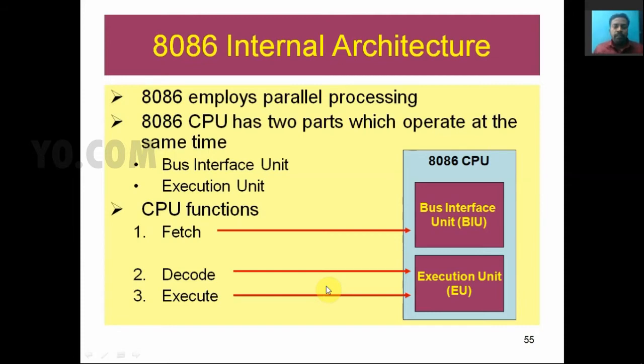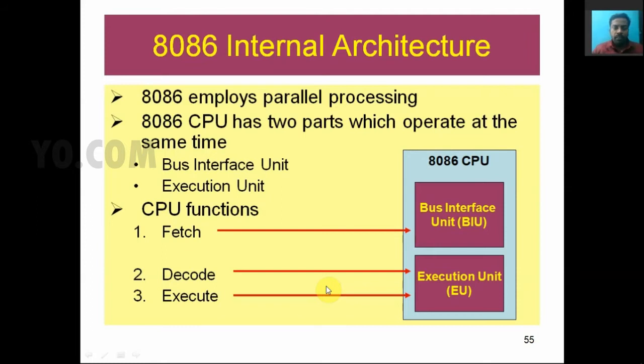In memory, the instruction is stored as a hexadecimal number, and that number is decoded. The decoded information is given to the execution unit, which executes the decoded instruction. So these are the basic blocks of the 8086 CPU: the bus interface unit, which communicates with the external world, and the execution unit, which just performs the arithmetic and logical operations and produces the output.